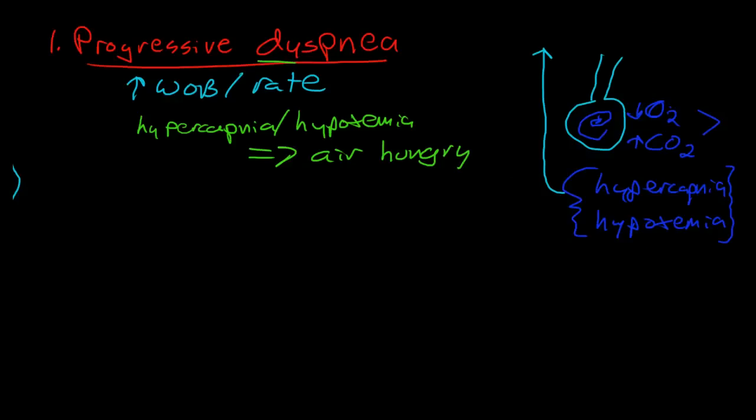Now, this explains the dyspnea. Now, why is it progressive? Well, I hinted at in the prior setting how both emphysema and chronic bronchitis cause injury and inflammation to the lungs.